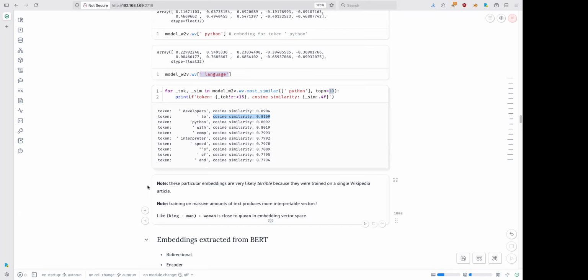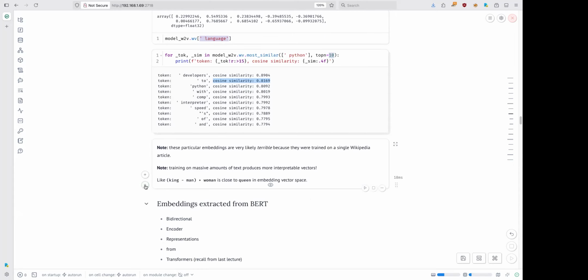If you train your word-to-vec model long enough, on a corpus long enough, you will get this exact relation in the vector space. You'll be able to compute embeddings for the words king, man, and woman, do math on these embeddings, and literally subtract and add them.